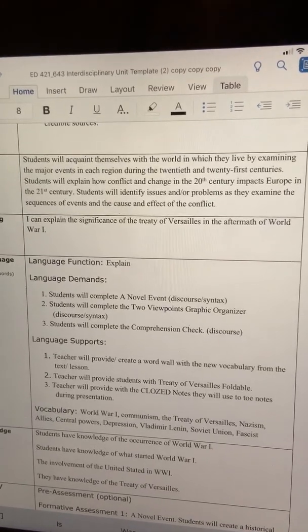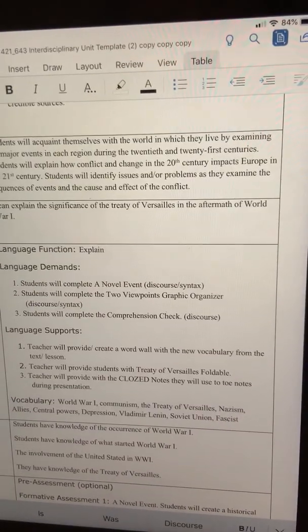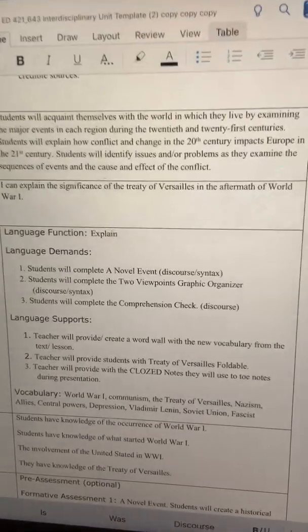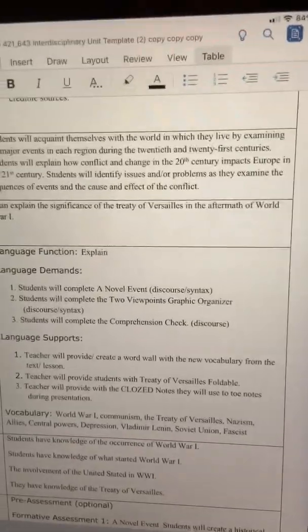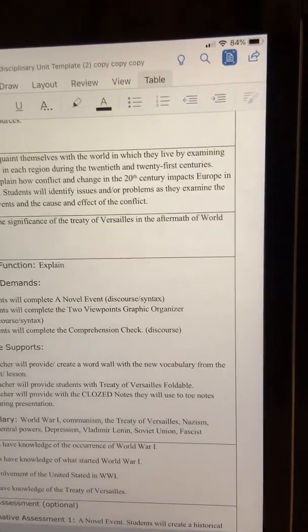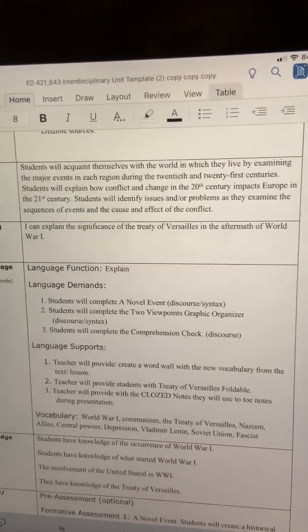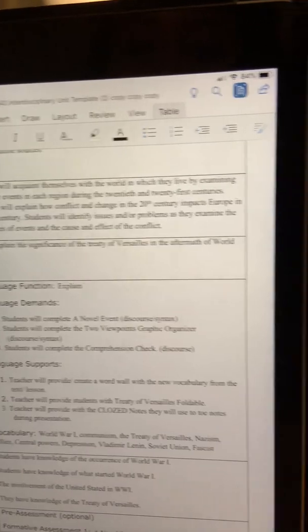They examine the sequence of events and the causes and effects of the conflict. So conflict here is World War I, and we're seeing the aftermath of World War I, and we're going to target specific events that occurred after World War I.